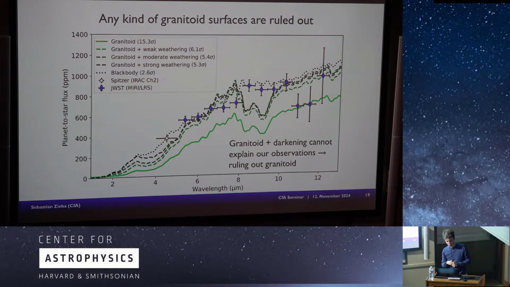This is due to a feature in the granitoid surface between 8 and 10 microns, as you can see. So regardless of whether it's fresh granitoid or weathered granitoid, we can rule out this scenario.